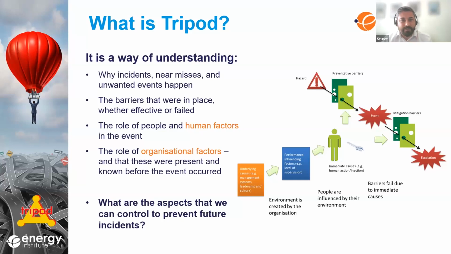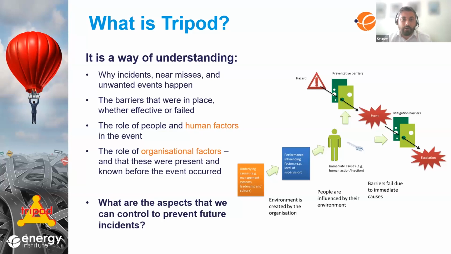It's all about understanding the role of people in those barrier failures and understanding the human factors behind those, so performance influencing factors and other factors that influence the behavior of people and why they do what they do. And ultimately, tripod is about understanding organizational factors.